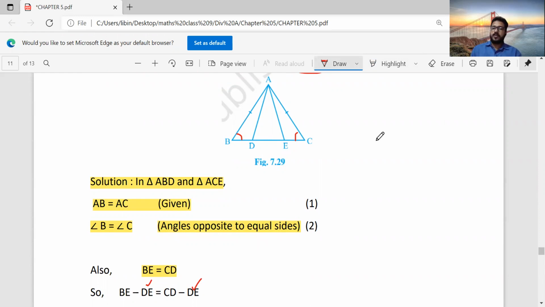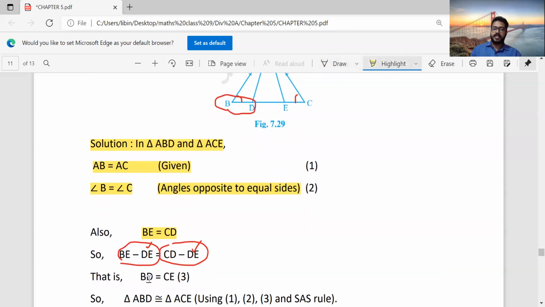But look at the quantity BE minus DE. What is the actual line we will be getting after subtracting DE from BE? We will be getting BD. Similarly, CD minus DE will give you CE. So we can say that BD is equal to CE.